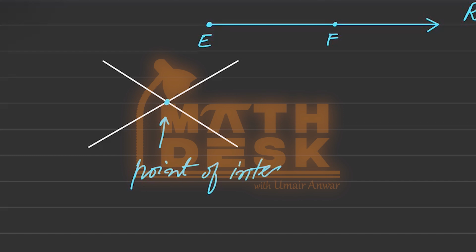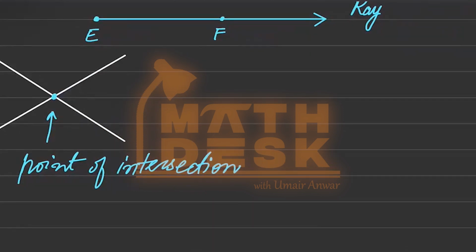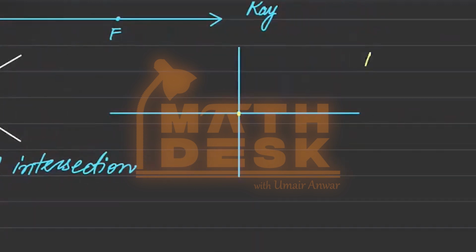So whenever 2 lines cross each other, there would be a point of intersection that they would be having. A special case could be when the 2 lines are intersecting in a way that they are perpendicular to each other. So when we have 2 lines, one is horizontal and the other one is vertical, these 2 intersecting lines are called perpendicular lines.